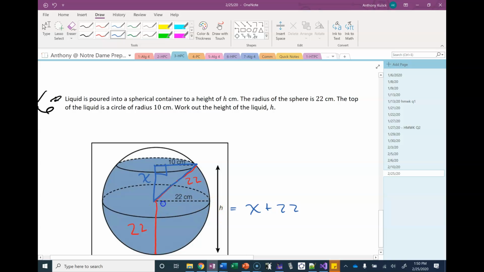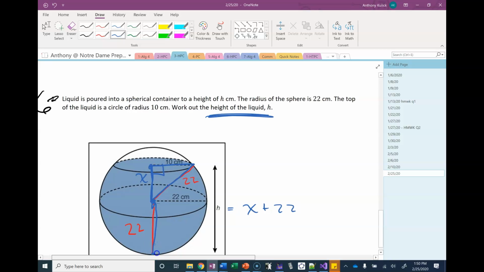Right. So I go from the bottom to here is 22, and then here to here is the x. That's the top of the water. The height of the liquid is h. Why would it be plus 22? So starting at the bottom to here is 22, and no problem. You cool with that?